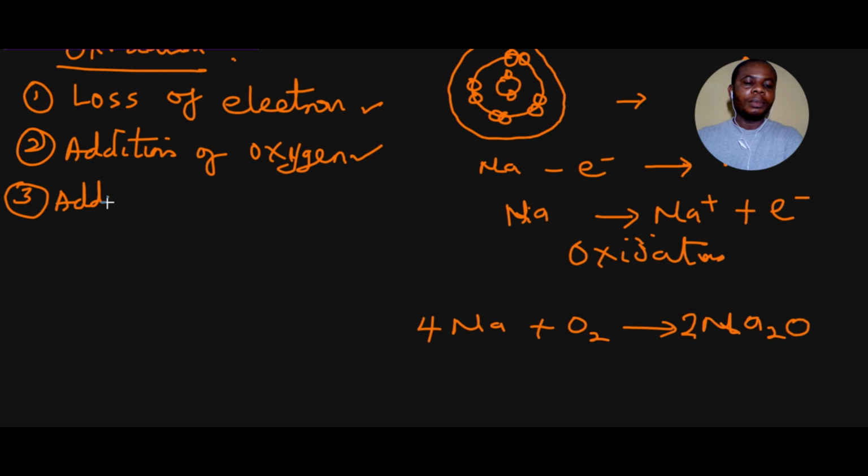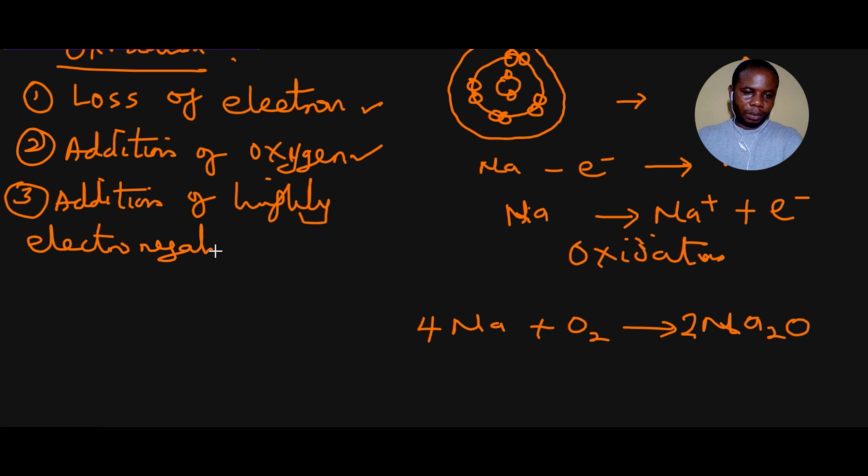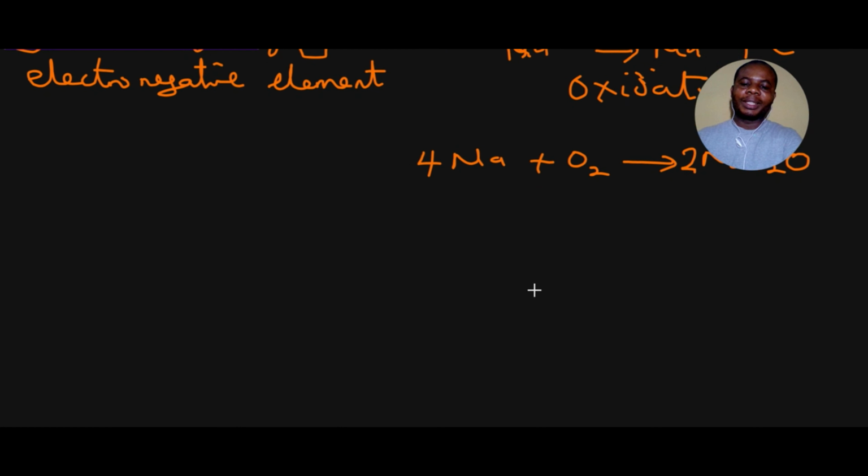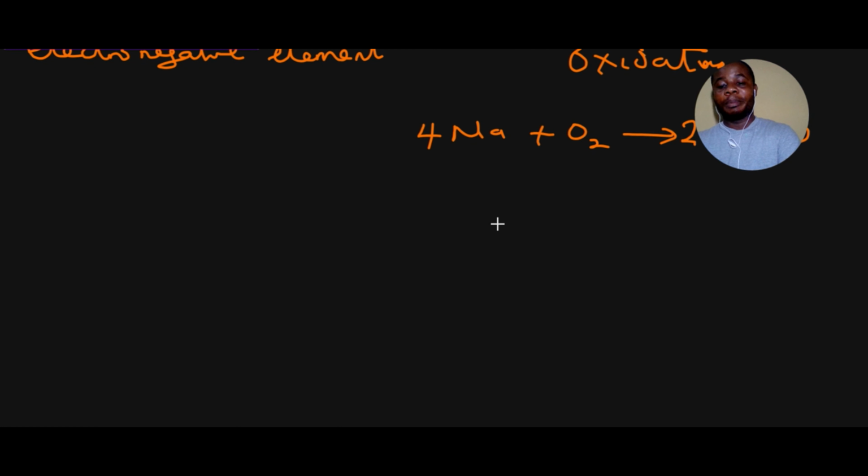Another one is addition of highly electronegative elements. When you check the periodic table, you get to know that electronegativity increases across the period, that means going from left to right.